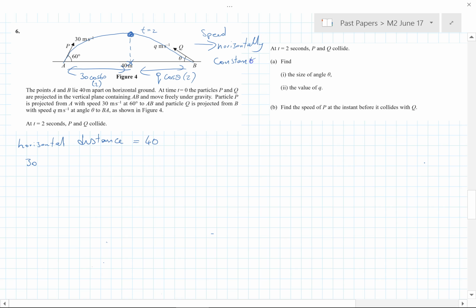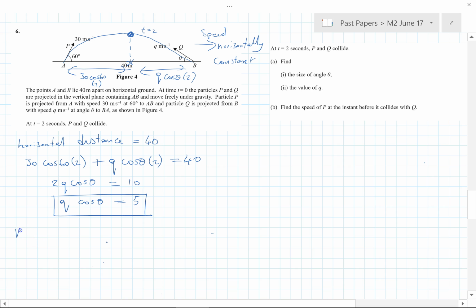So I've got 30 cos 60 times 2 plus q cos theta times 2, the two add up to 40. Rearranging that, cos 60 is equal to half, so that gives me 2q cos theta equals 10, so q cos theta equals 5.